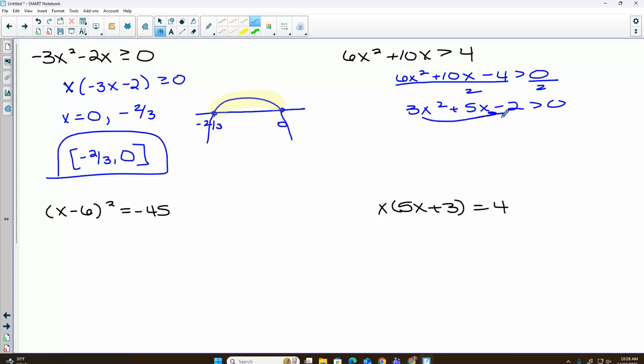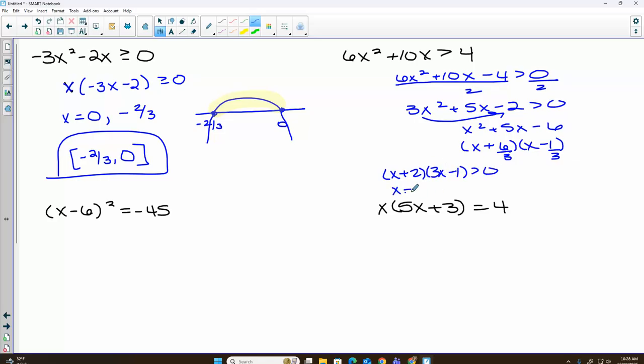Okay, so then we can do slip and slide, so we get x squared plus 5x minus 6. So multiply to negative 6, add to positive 5 would be plus 6 minus 1. Divide our 3 back. We get (x plus 2)(3x minus 1).